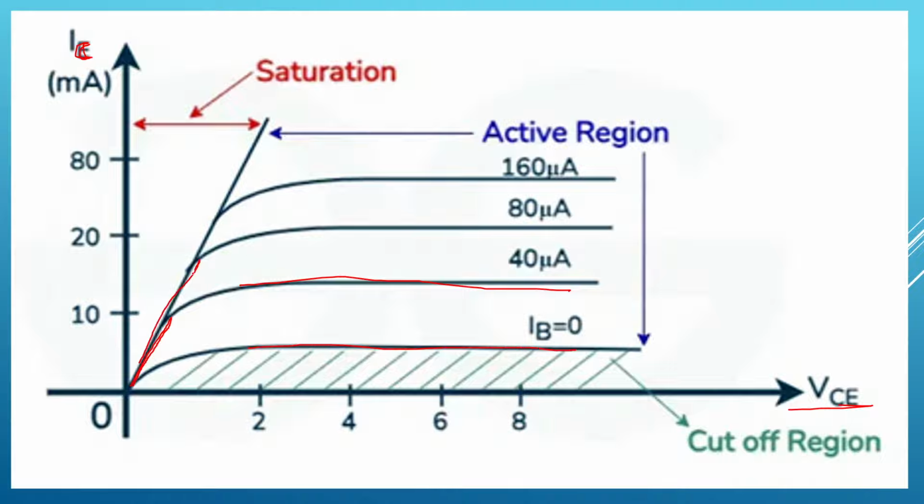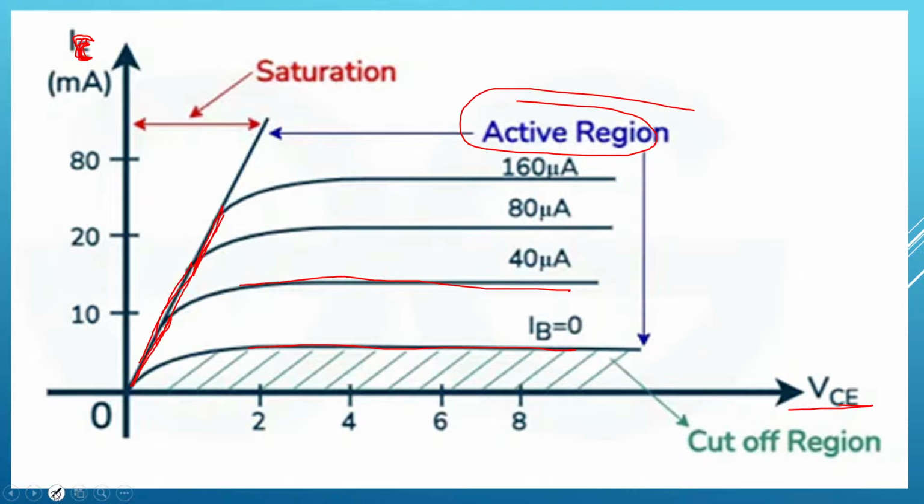Up to this point, as VCE increases, IC increases. Similarly, up to this point as VCE increases, IC increases. Therefore, that is our active region, meaning as one parameter varies, the other should also vary. This is IC. There is a print mistake here. So IC versus VCE.